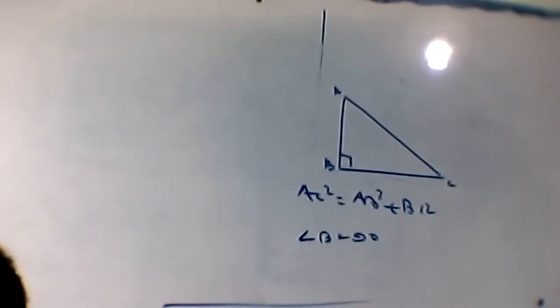I'll read again. A ladder is placed in such a way that its foot is at a distance of 5 meters from a wall and its tip reaches a window 12 meters above the ground. Find the length of the ladder. Okay, try now.